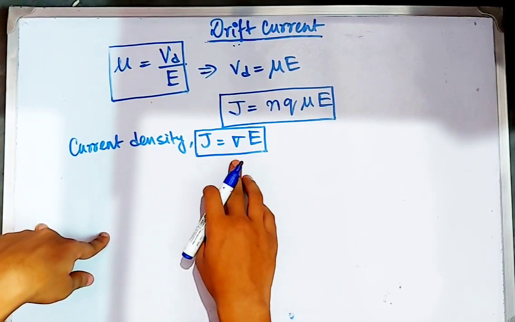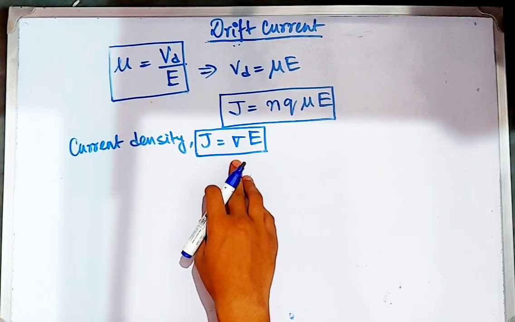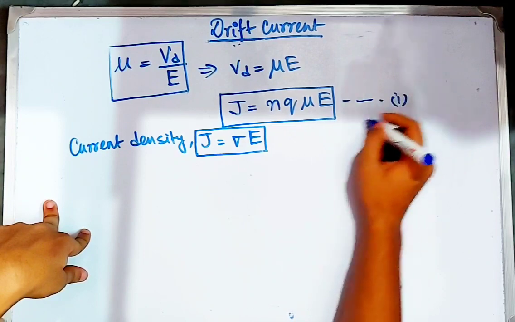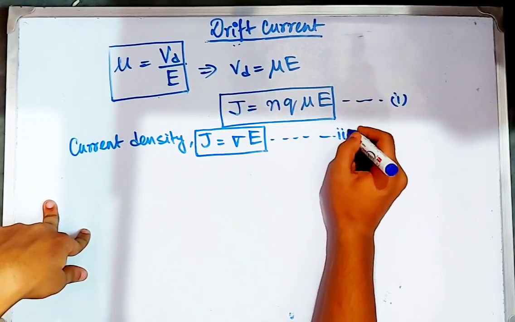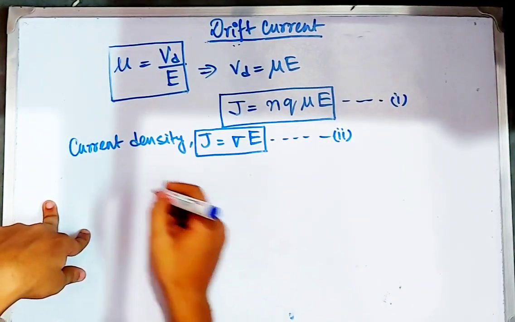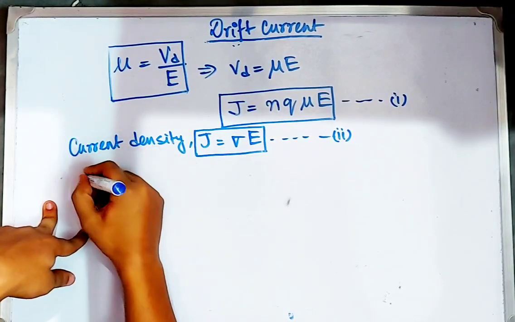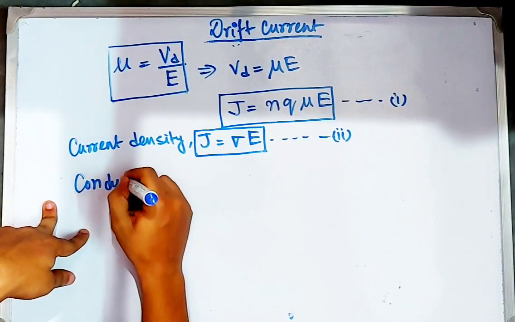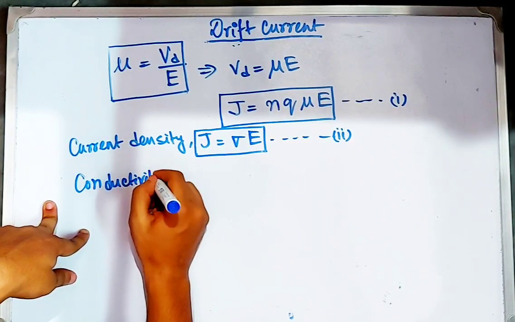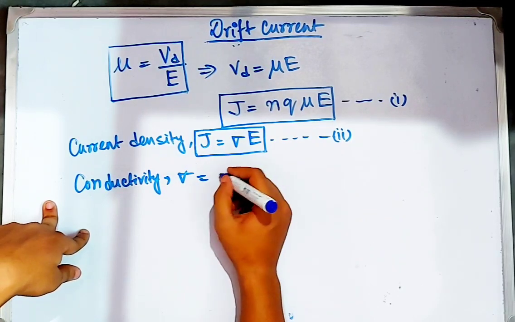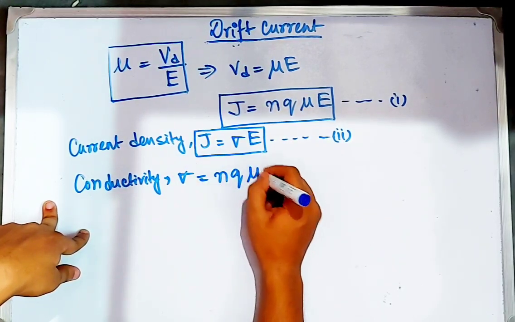We have studied this formula in our 10+2 level. So of course, if I compare this equation number 1 with this equation number 2, then of course we can write that conductivity sigma is equal to n q mu.